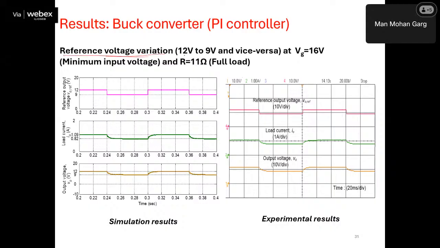As I said, let's keep the resistance and this VG at the minimum values. This is minimum input, maximum load, the worst condition that we have taken. And now we are changing the reference from 12 volt to 9 volt.